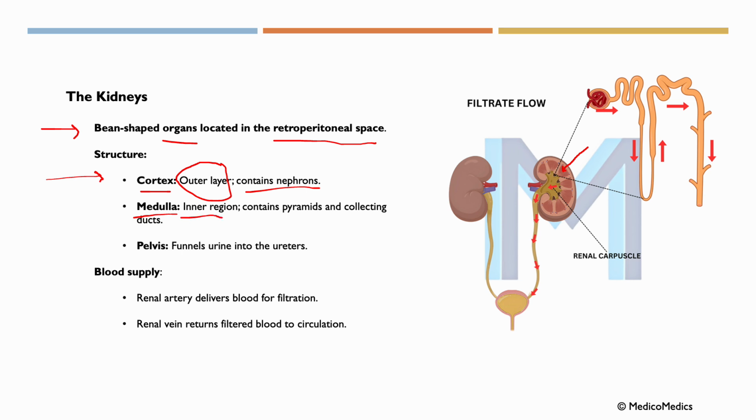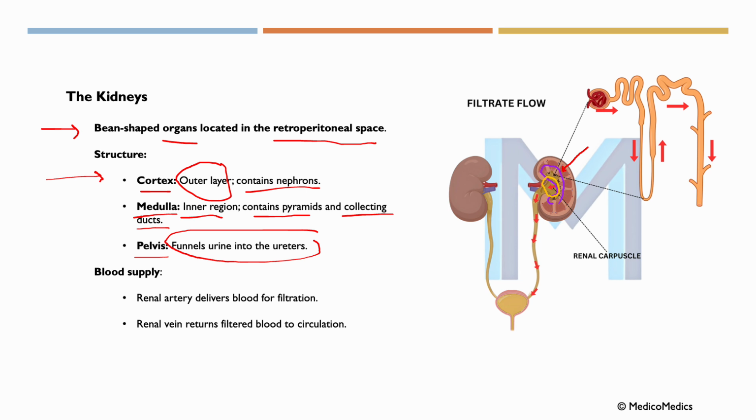That's the inner region containing the pyramids and the collecting ducts. And then you have the renal pelvis that funnels urine into the ureters. So you will find the medulla right here. And you will find the pelvis indeed here.